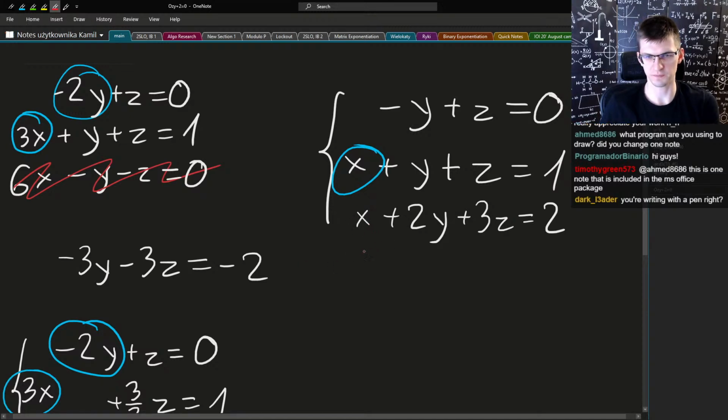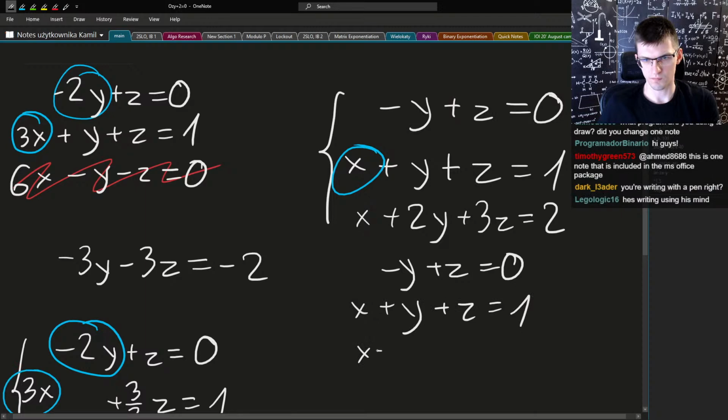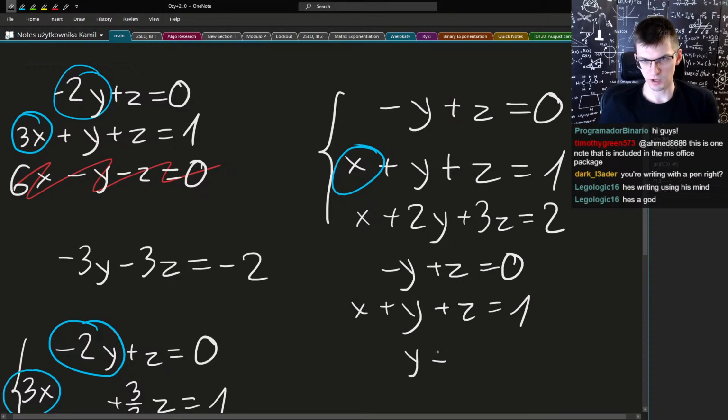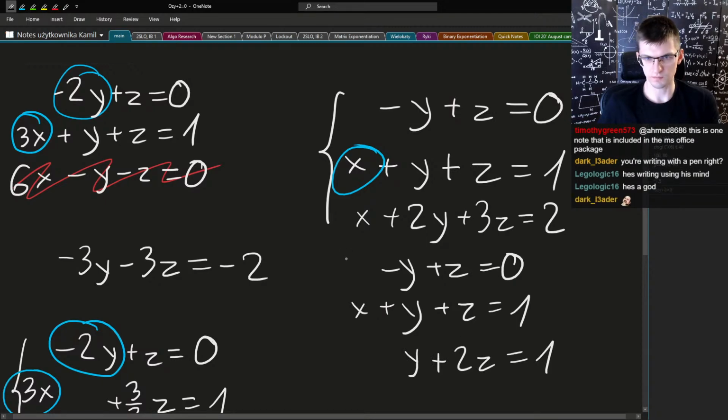So I will rewrite the first two. Minus y plus z is 0. And now third one. X is removed, y plus 2z is 1.